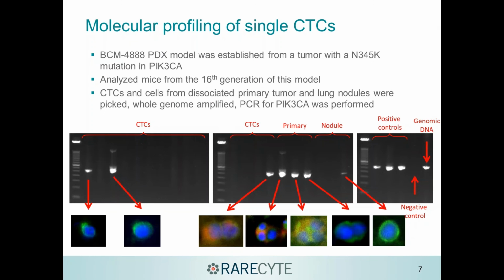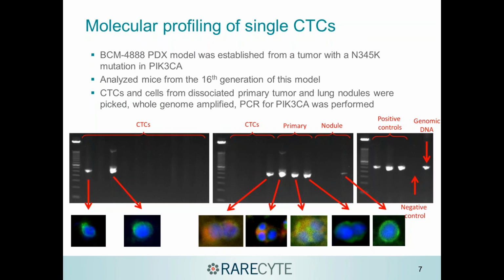The first PDX model I want to talk to you about today is the BCM4888 model. It was established from a tumor with a known mutation in PIK3CA. This tumor was found to be ER positive, PR positive, and HER2 positive. And in the PDX model, 67% of the mice had lung metastasis.